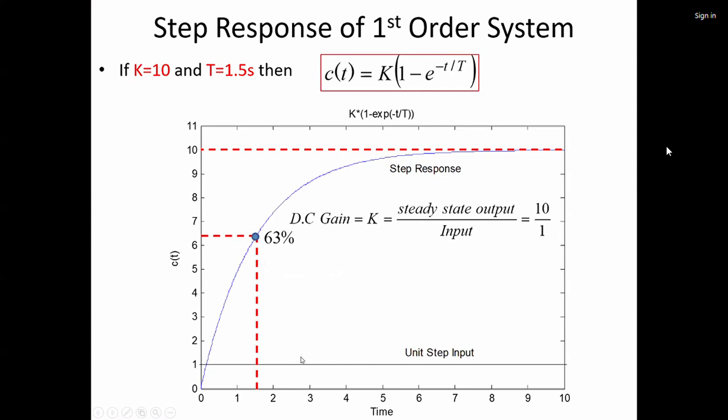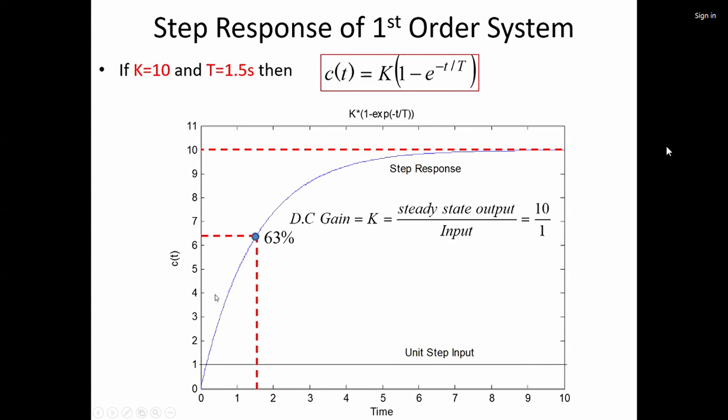If you go to 5 times the time constant, that is 7.5 seconds, you will see that it would have almost reached more than 99% of the steady state output, which we'll talk about in a while. See, this is the step input. It is at 1.